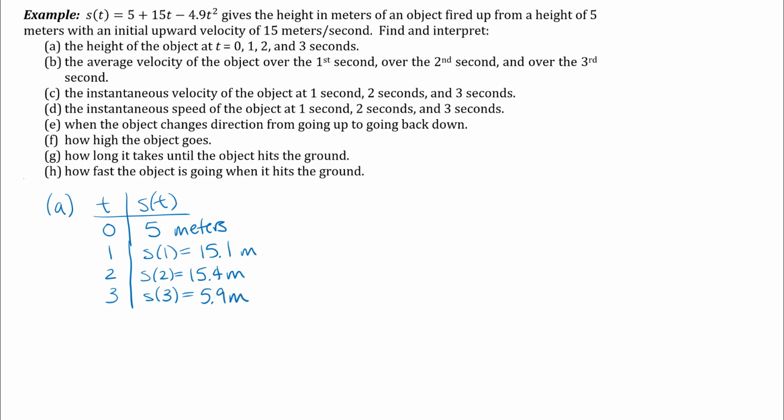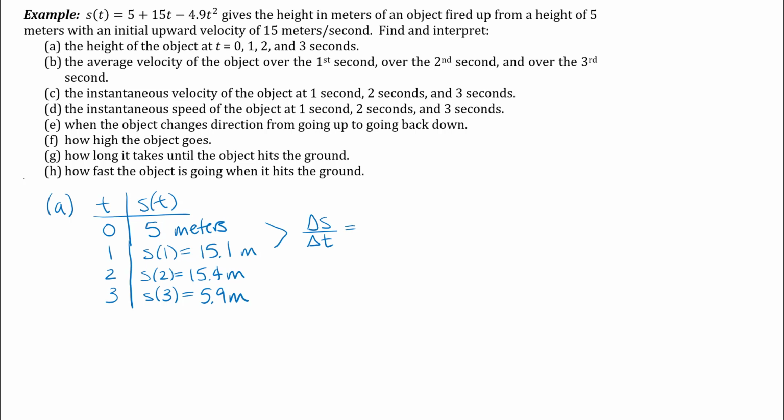Part B asks us to find some average velocities over different time intervals. Remember that average velocity is change in s over change in t. So we're going to look at change in position over change in time.